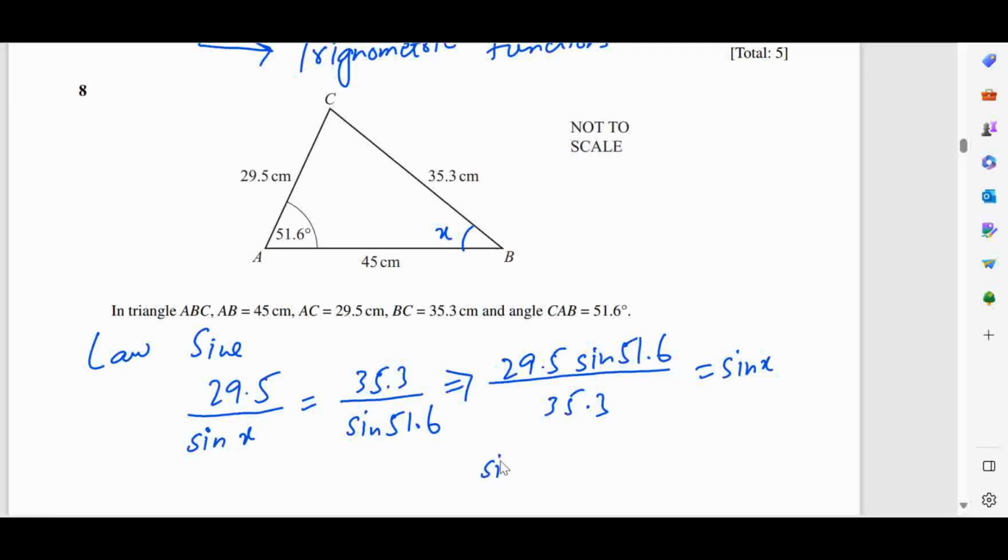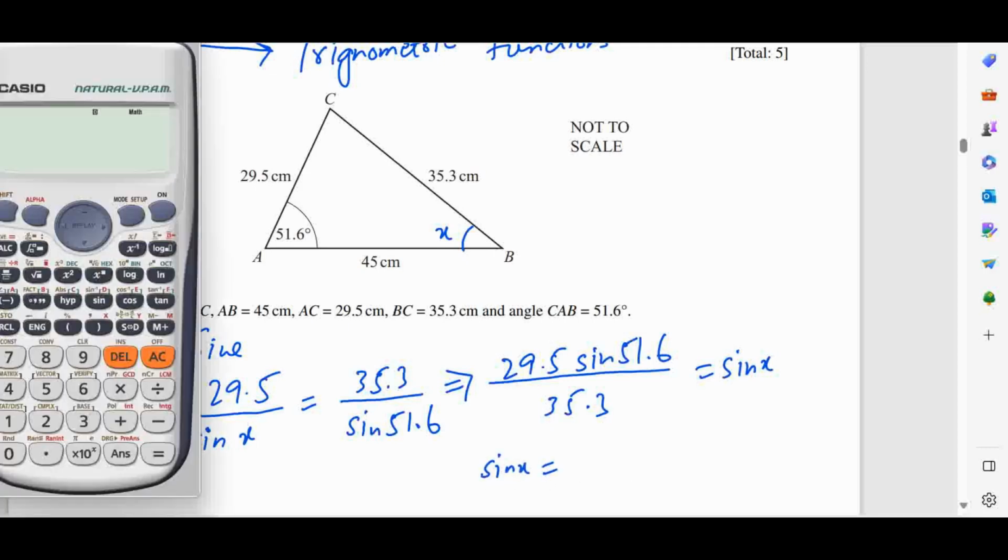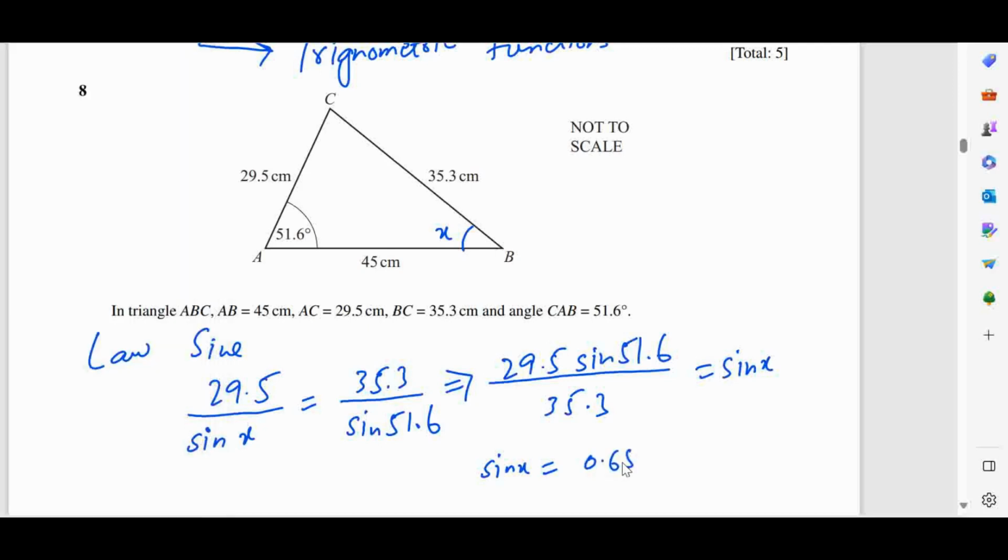So sine of x will be equal to, we can use the calculator, in numerator it is 29.5 multiplied by sine of 51.6 whole divided by 35.3. So this will be equal to 0.655.